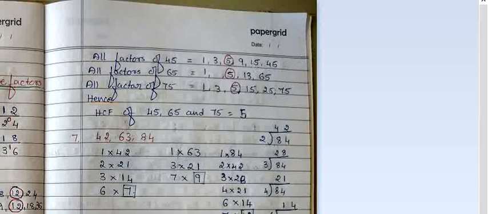Next number is 15. 15 is a factor of 45 and 75, but it is not a factor of 65, hence we skipped. Next number is 9. 9 is a factor of this 45, but it's not a factor of 65 and 75, we left. Next number is 5.